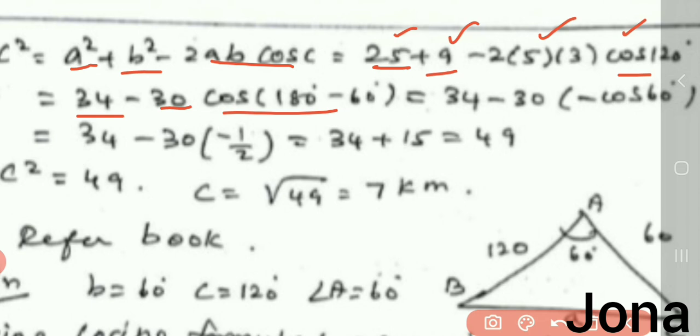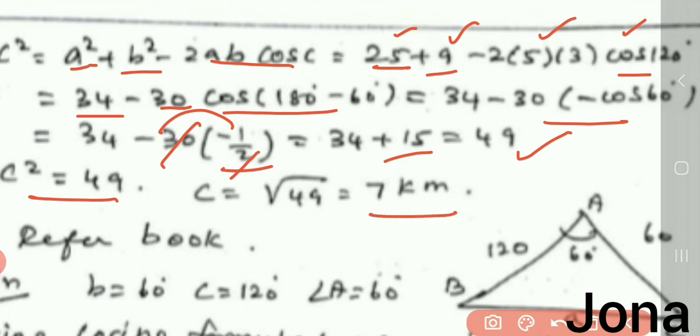So we can write this as 180 minus 60. Therefore, we have the value as minus cos 60 here. Minus cos 60 is minus half here. So we can cancel here and here, minus and minus will get plus, therefore plus 15. So 34 plus 15 is 49. C square equal to 49, therefore C equal to 7 kilometer.